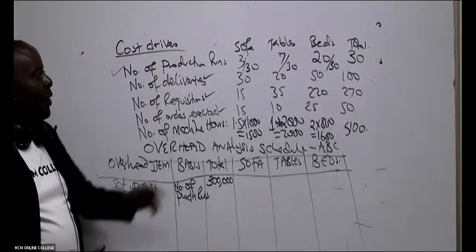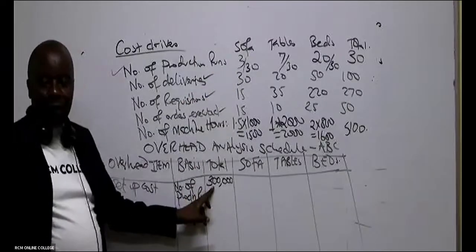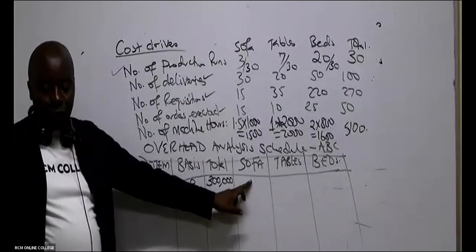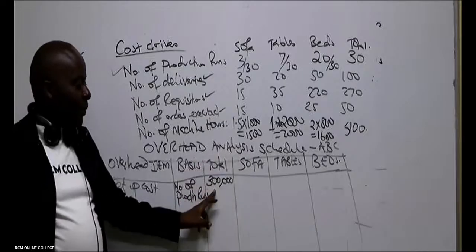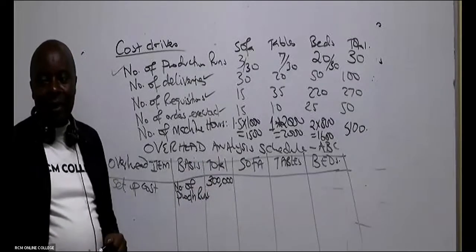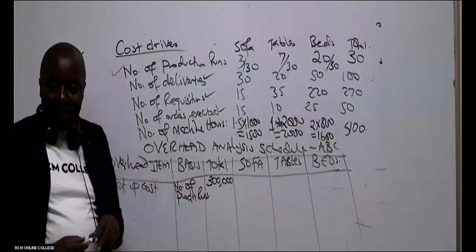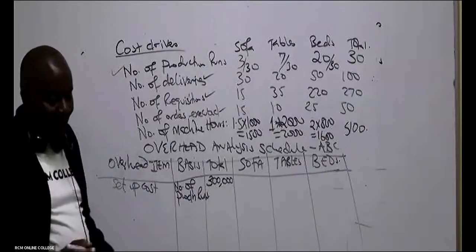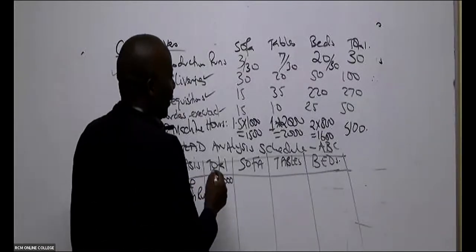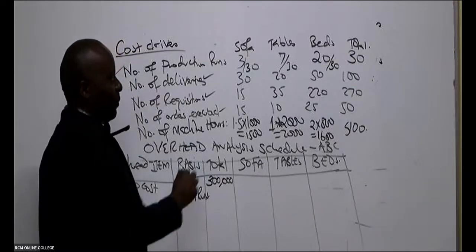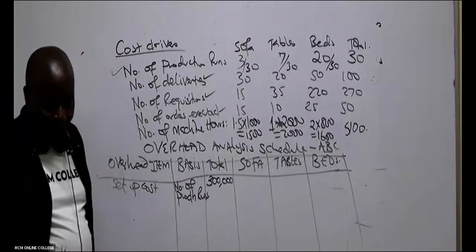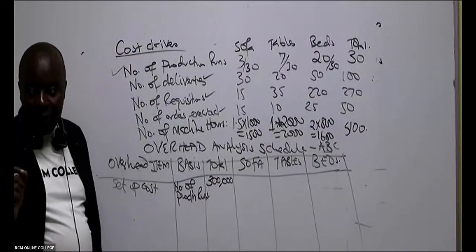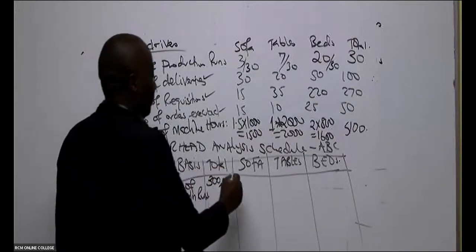So we have here 3 over 30 times 300,000. How much do we have for the sofa? Because we are apportioning this figure, isn't it? Remember it's 3 over 30 times 300,000. It's 30,000, right?